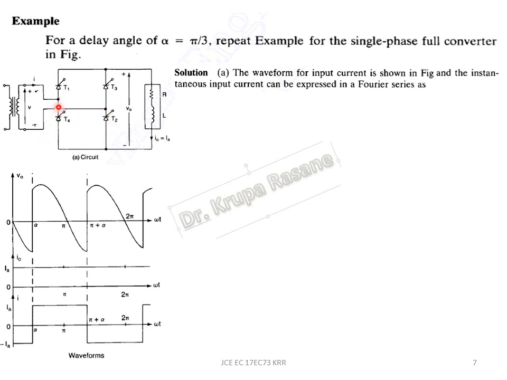And when the input reverses, this becomes minus and this becomes plus, the current will go through T3 and back. So the current will be reverse to the previous one. Here I get positive and here negative. This is not the load current, we are talking about the supply current.